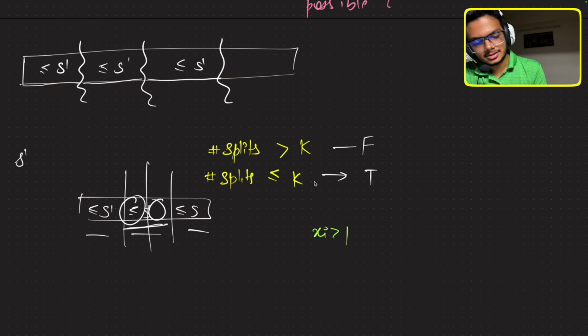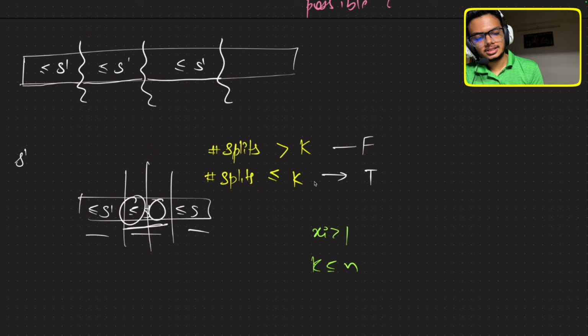And so this actually directly follows from the fact that all the array elements are positive, right? So it means that if you have a subarray whose sum is not exceeding S dash, even if you split it, you know for the fact that the new parts that you will get, their sum will also not exceed S dash. So if number of splits that you are getting is less than equals to k, we can definitely have k splits. And we also know for the fact that k is less than equals to n. Right.